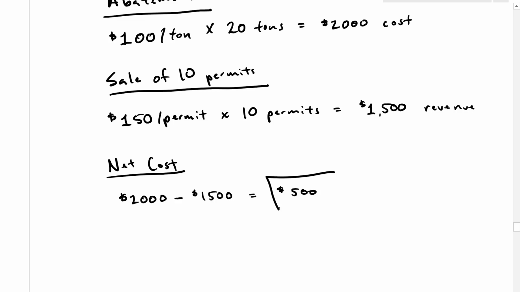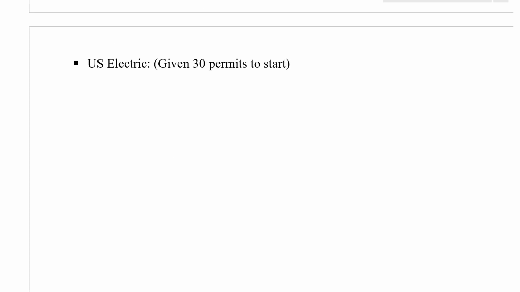And now we do US Electric, who again started out polluting 40. They're going to use the 30 permits and buy 10 from Acme.